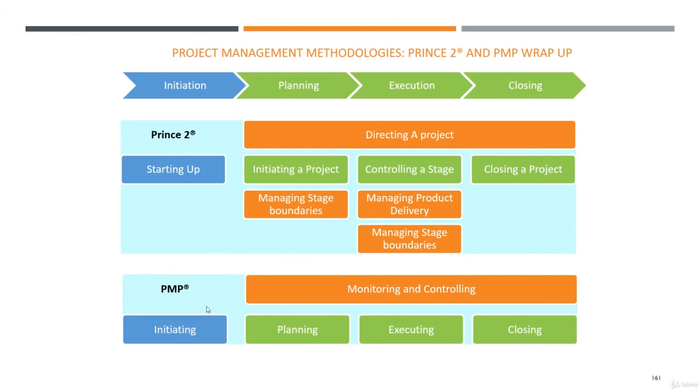Prince 2 and PMP being some very thorough methodologies that you will need weeks to learn. They have a lot more detailed explanation of each phase and how things go from one phase to the other. As I was saying, I don't think it's necessary to learn all this to be a good project manager.